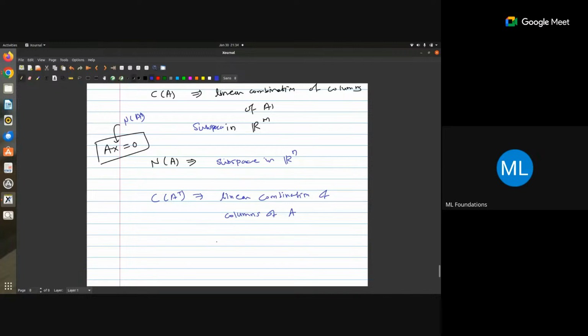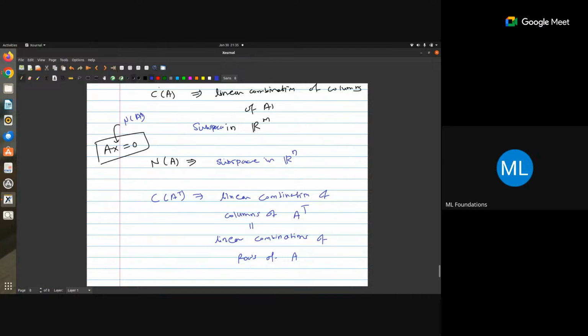This is the same as that linear combination. Am I audible? Yes. Linear combinations of rows of A. Rows of A, or columns of A transpose. Yes, this is equivalent.